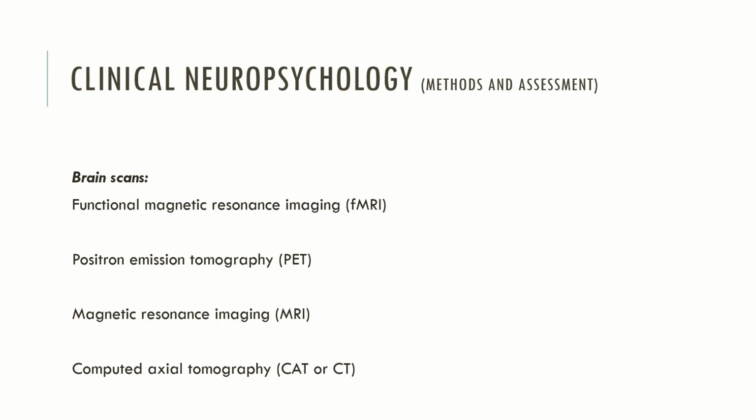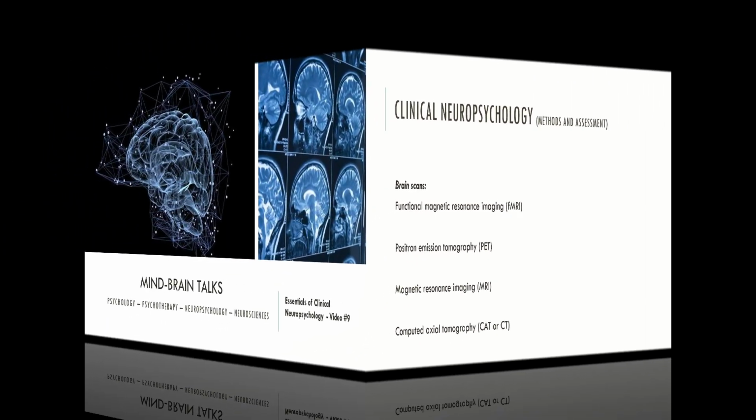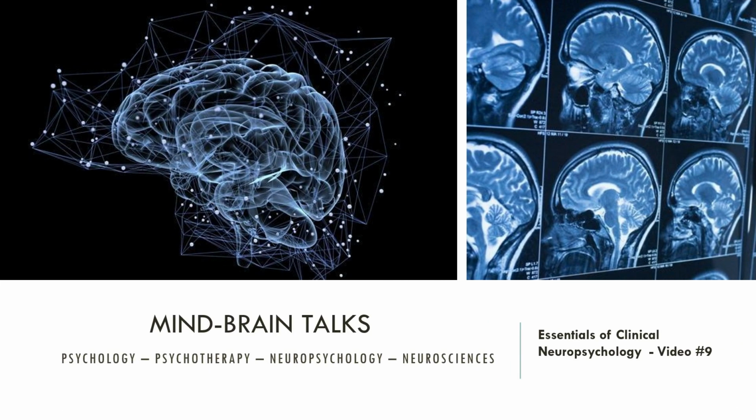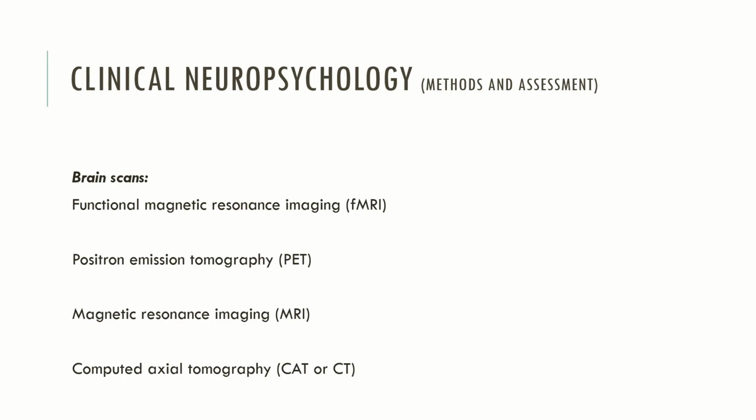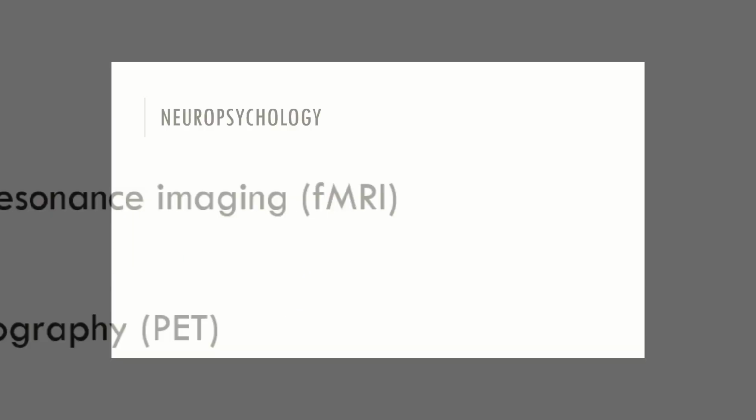Don't worry if you don't know what these brain scans are. In the future I will produce different videos talking about them. There are also other projects that may be related to clinical neuropsychology, such as the Global Brain Project.